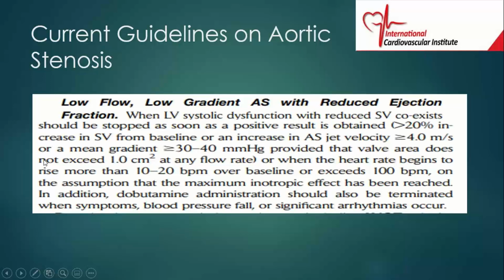And then if the valve area does not exceed 1 centimeter squared, then you know that these patients have true severe aortic stenosis. Okay, when you look at the heart rate, you don't want to get the heart rate more than 10 to 20 beats above the baseline, or you don't want it to exceed 100. Okay, so those are the stop criteria for the dobutamine infusion.